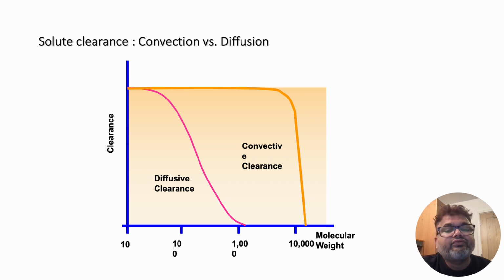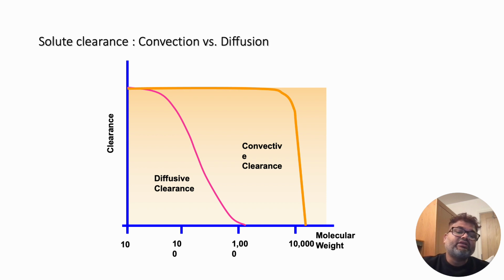The efficacy of diffusive clearance and convective clearance is different, and we find that hemofiltration is more efficient in removal of solute, but it doesn't differentiate between the sizes of molecules.